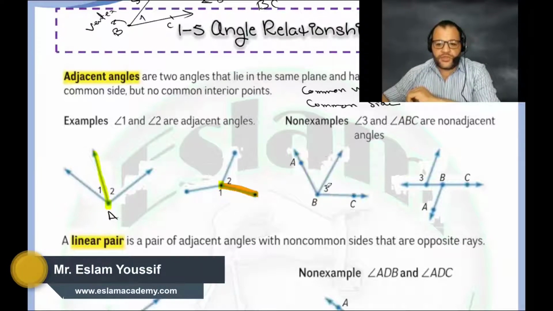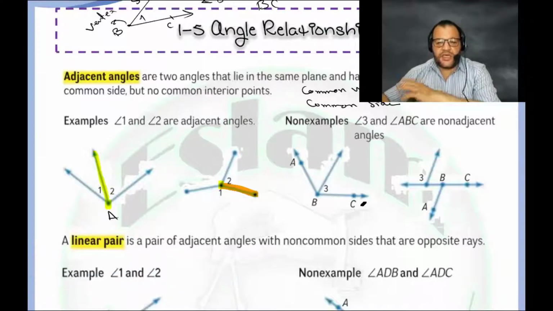But angle 3 and angle ABC are not adjacent angles, because the common side does not lie between the two angles.